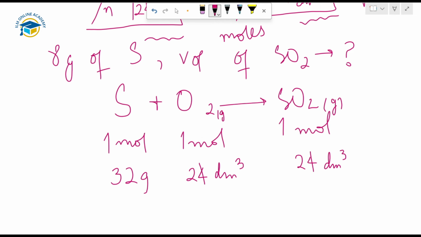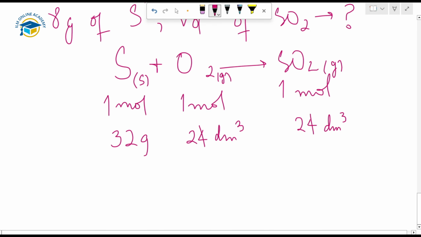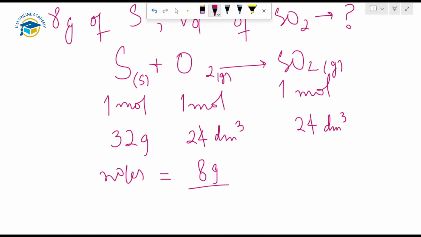Oxygen is also a gas, but sulfur is present in solid form here. These are the symbols for physical states. To calculate, we find the formula: moles equals mass over molar mass. This is the first formula from which you get the moles. The moles will be 0.25.